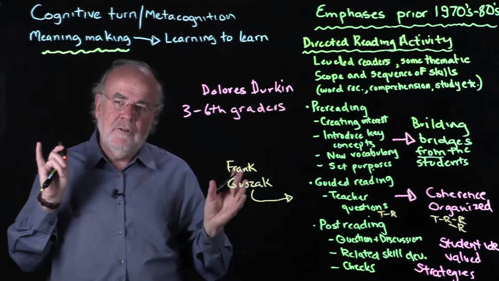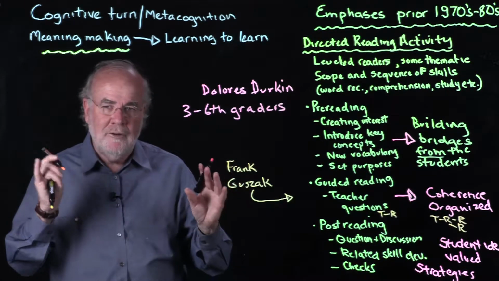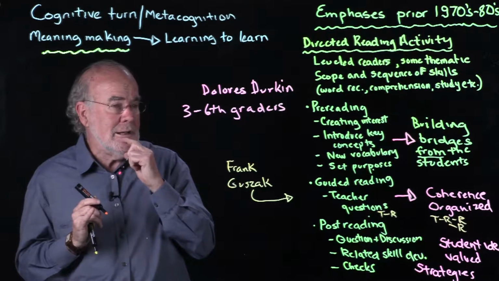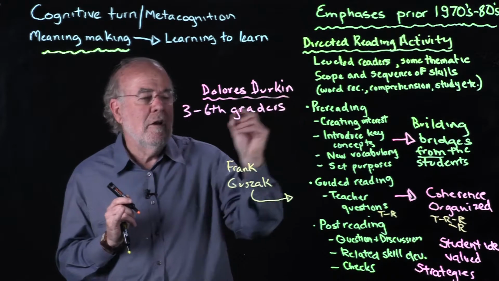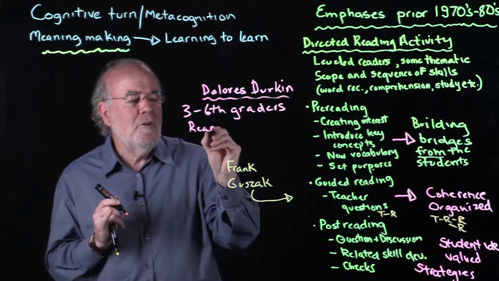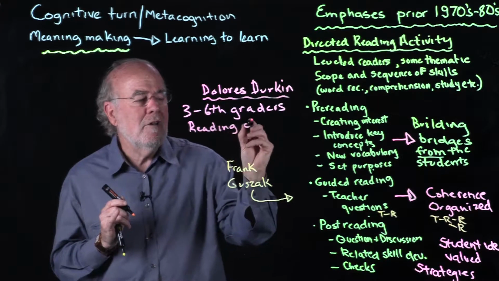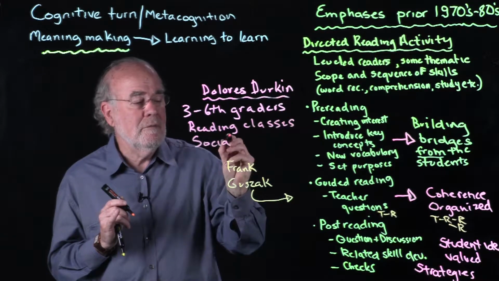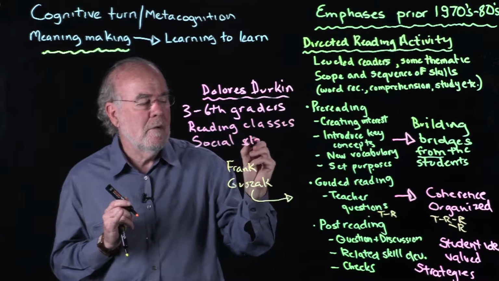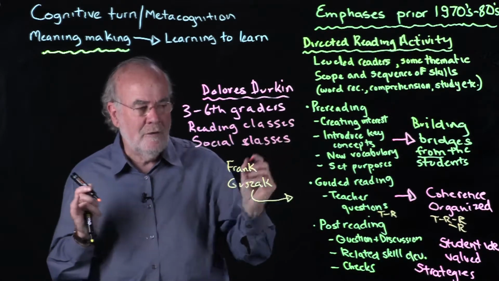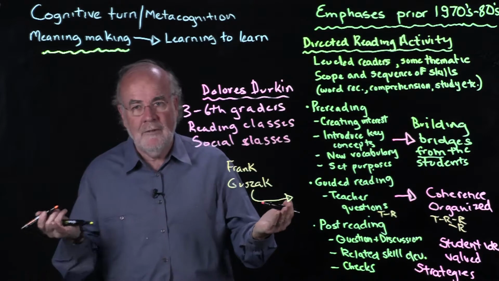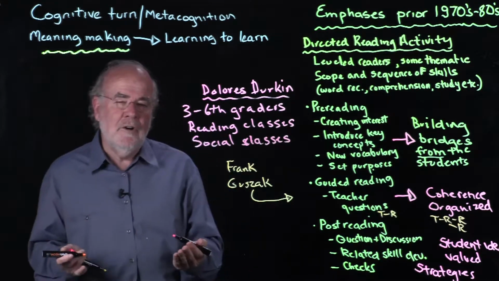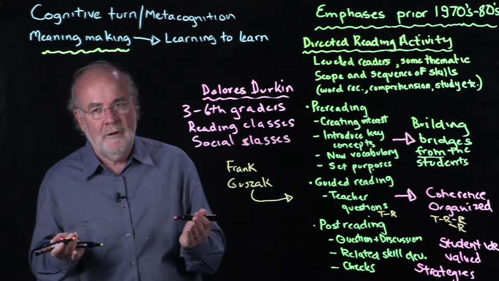In the article, she describes the type of explanations that she would consider counted as teaching reading comprehension, but she was interested in seeing if she could uncover in reading classes or social studies classes, or actually both of them, based upon her observations of what the activities were, what the teacher was doing, and what the students were doing, evidence of reading comprehension instruction.